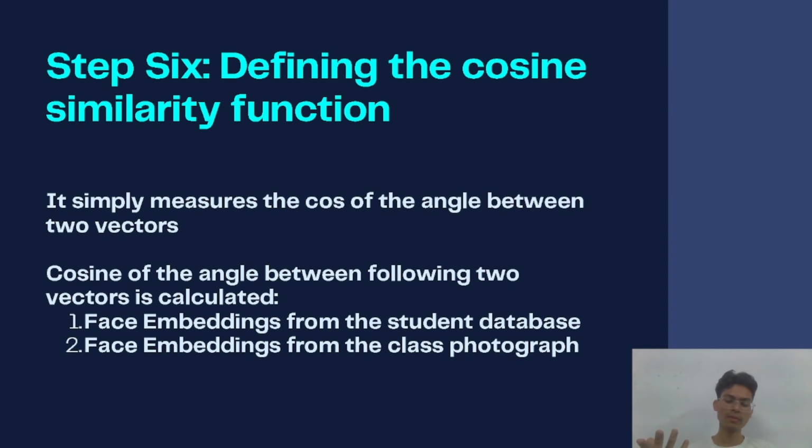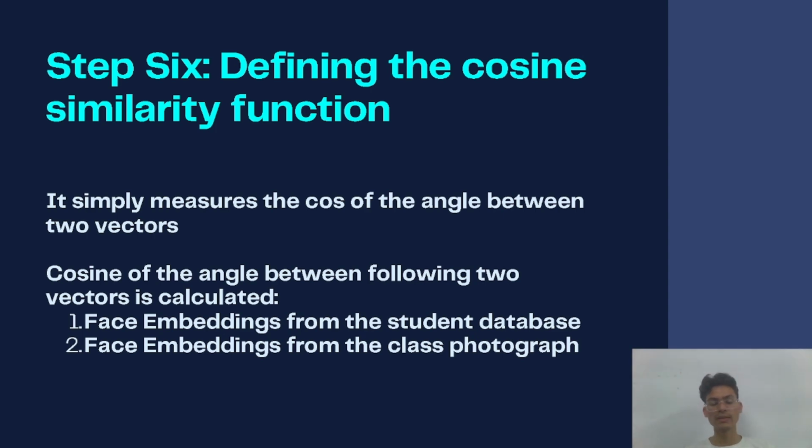Talking about the cosine similarity, it comes to be 1 if two vectors are the same, if they are parallel, because cos 0 degree is 1. And if two vectors are not related, then cos 90 degree comes to 0, so the cosine similarity is 0. And if they are oppositely related, then the cosine similarity comes to be -1, because of cos 180 degree.